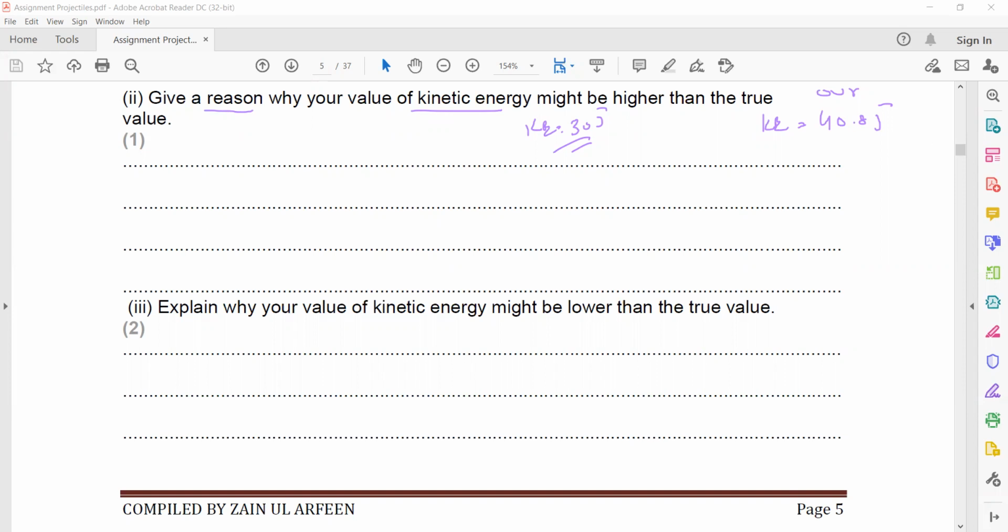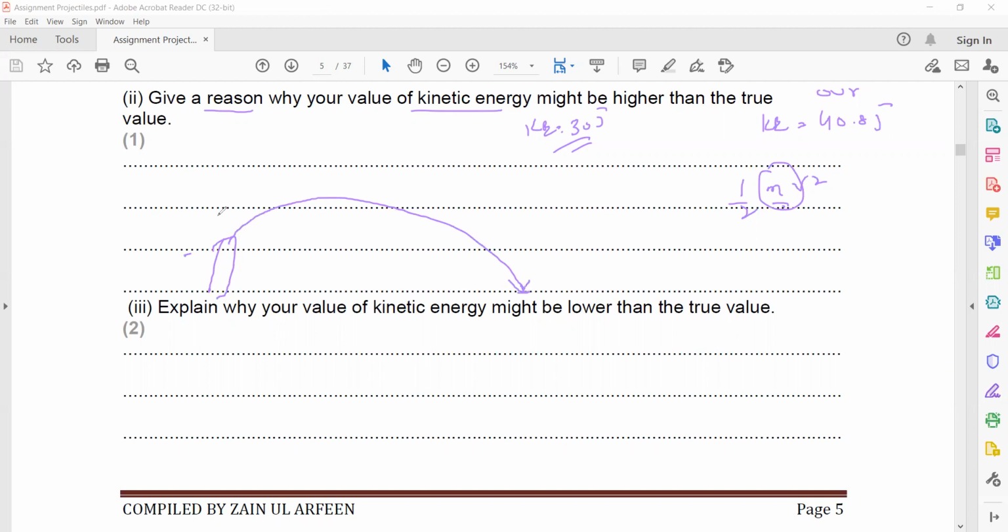Because we are calculating the kinetic energy using half mv squared, and our assumption is that when the liquid is coming out of the bottle, all of the liquid reaches this point.